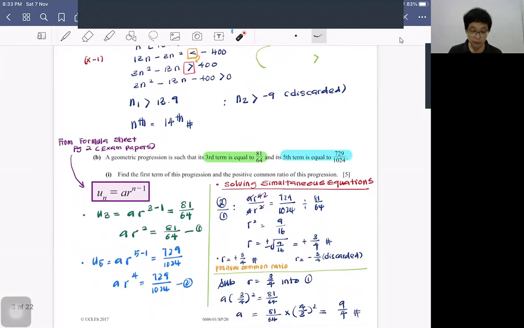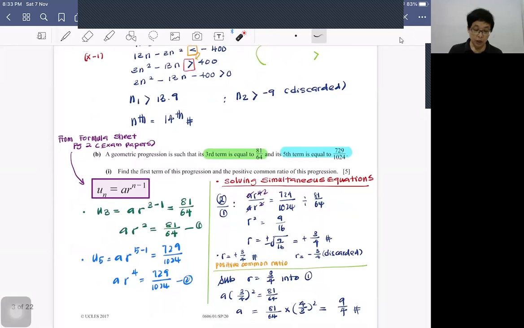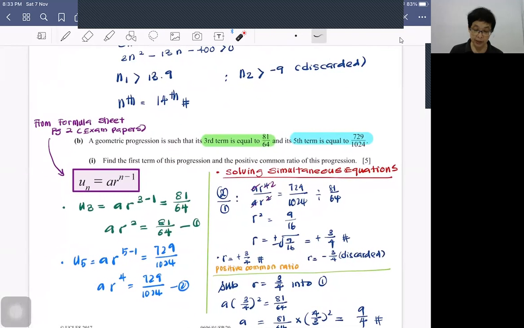Now let's proceed to part B. A geometric progression is such that its third term is equal to 81/64 and its fifth term is equal to 729/1024.